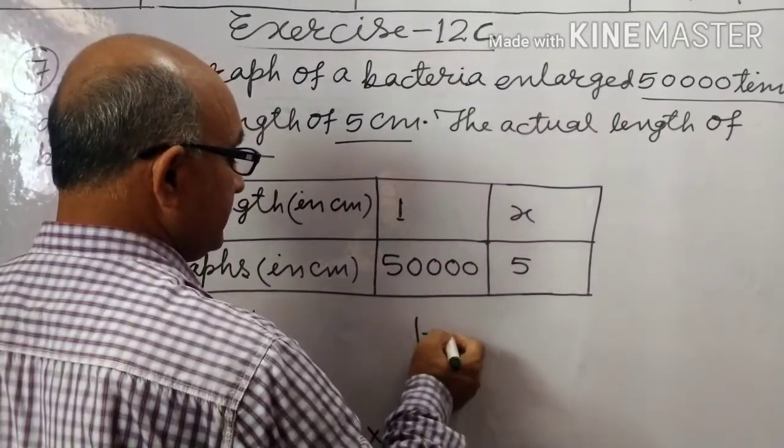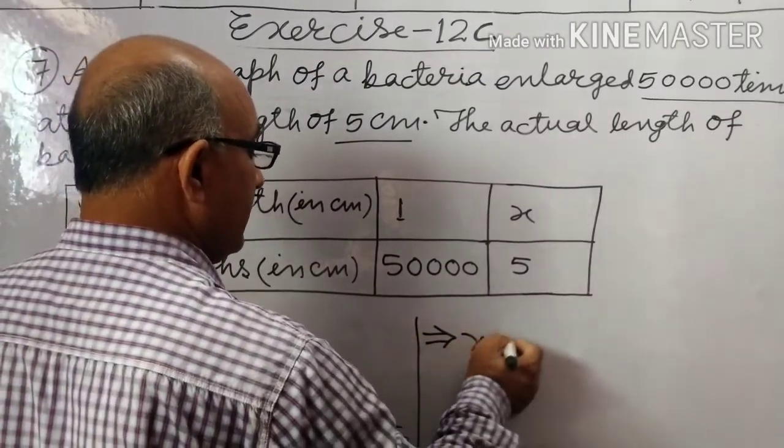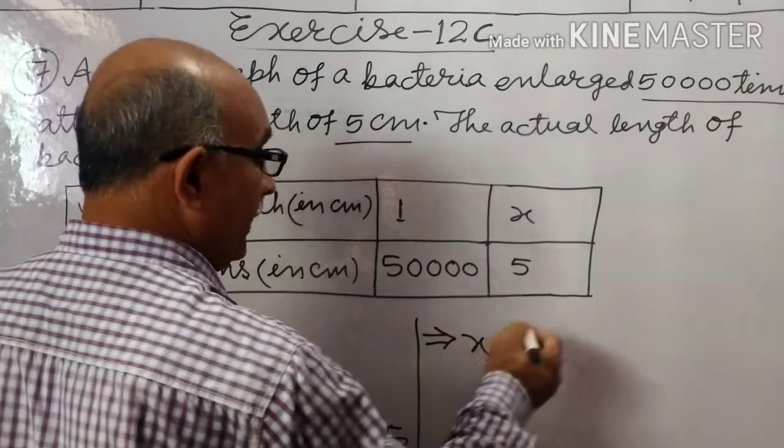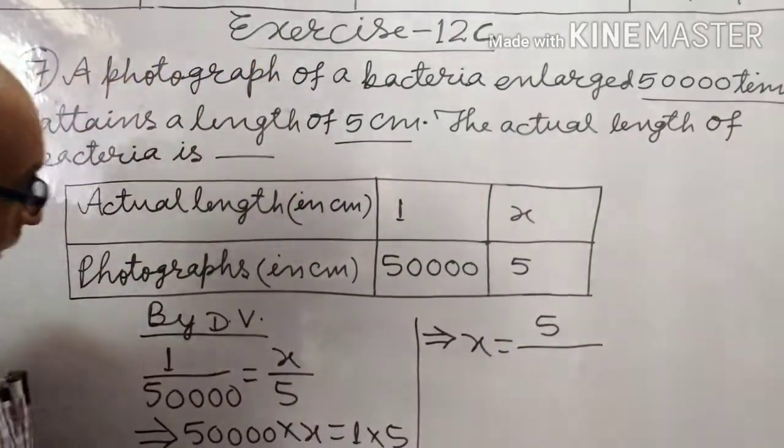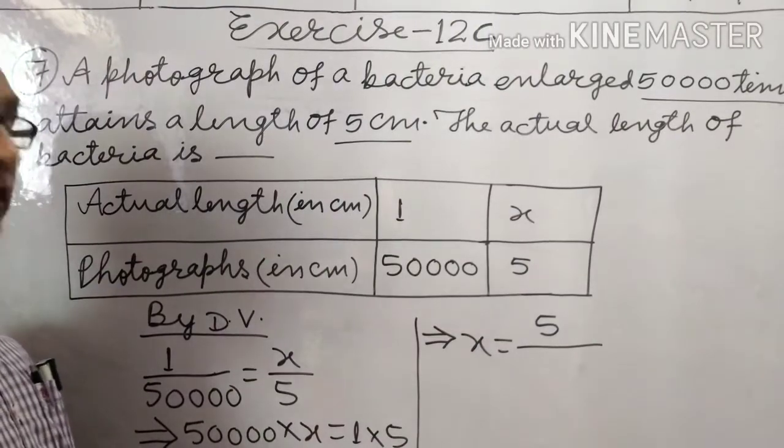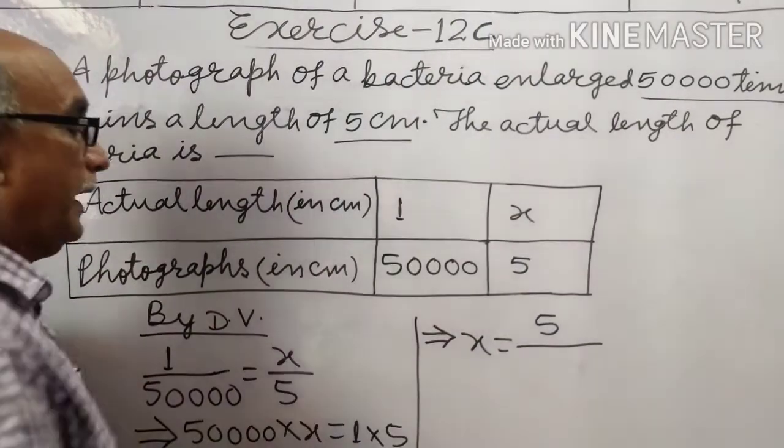That implies x equal to 1 into 5 by 50,000. 50,000 by transposition changes into divide.